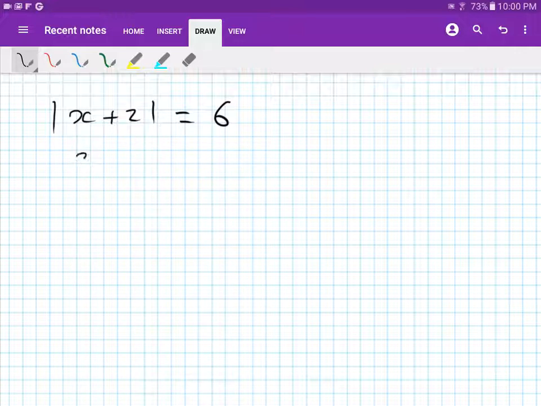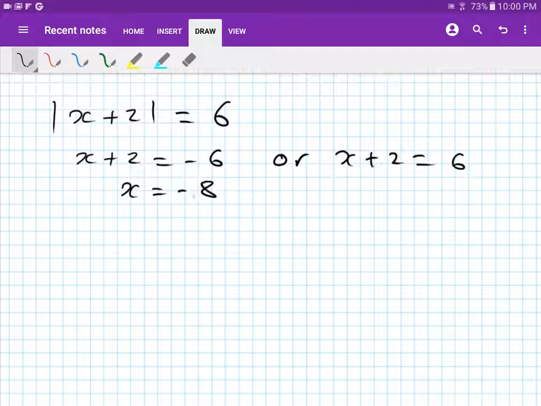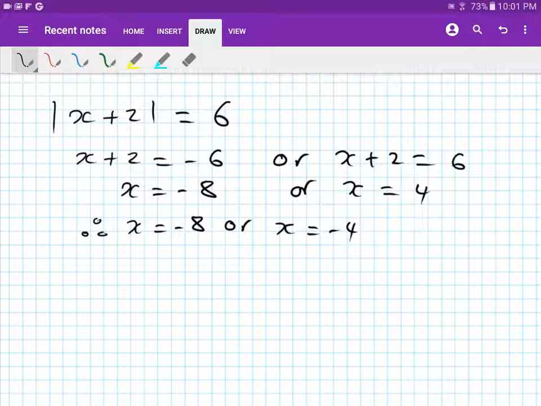That means inside here, x plus 2 is either equal to negative 6 or x plus 2 is equal to 6. So this means that x equals negative 8 or x equals 4. So that's the answer.